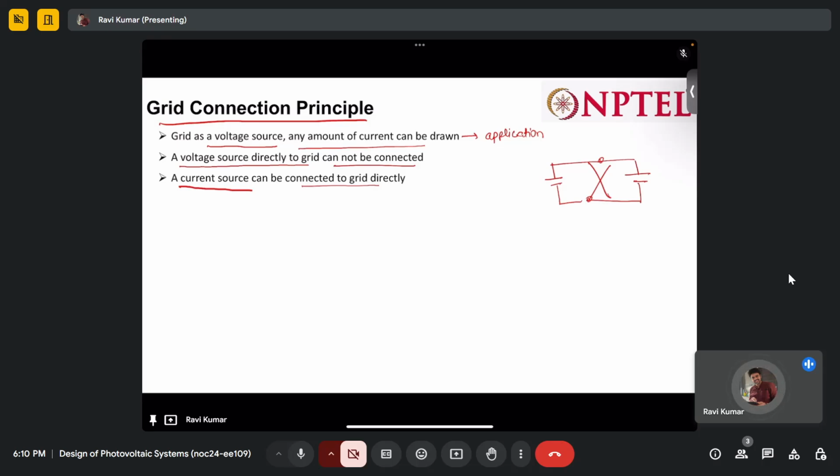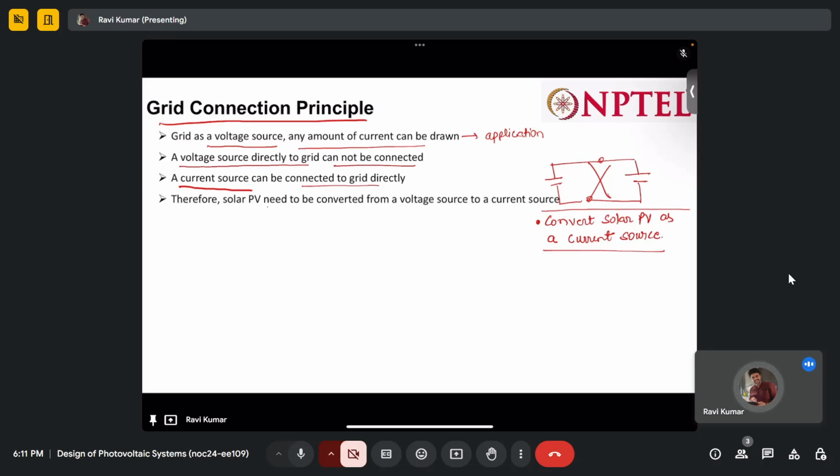So what we need to do is convert solar PV into a current source. First we need to convert this solar PV output into a current source, and only then can we integrate it with the grid. This conversion from a voltage source to a current source is done by using an inductor.